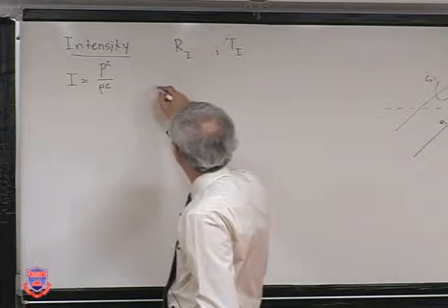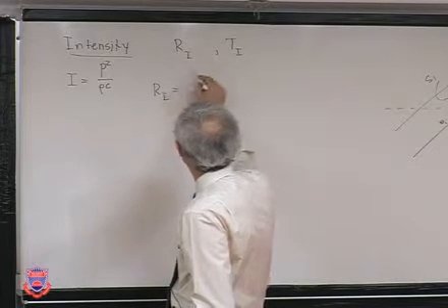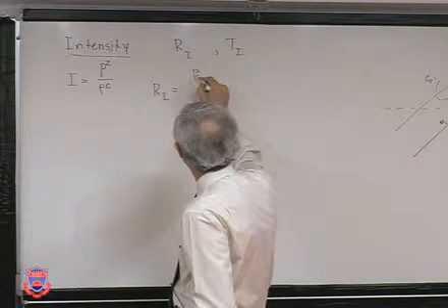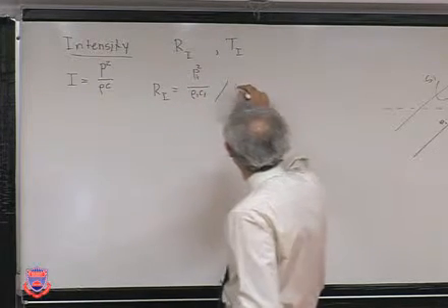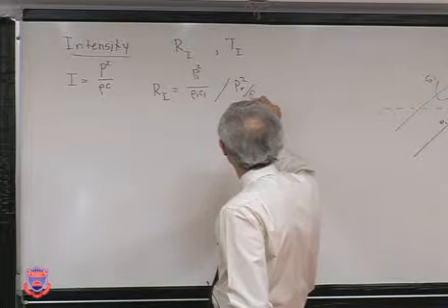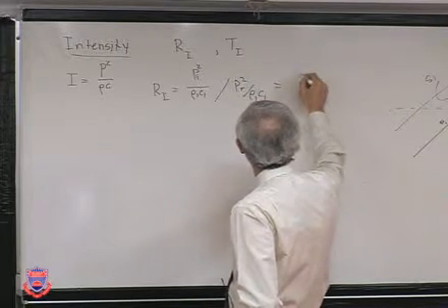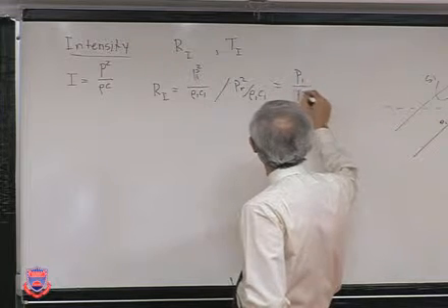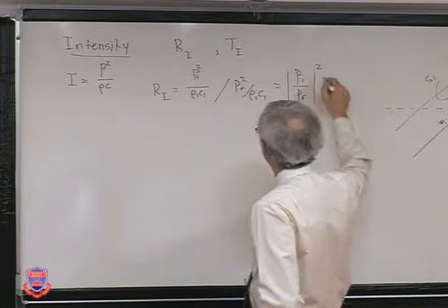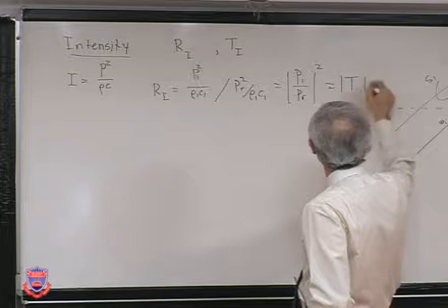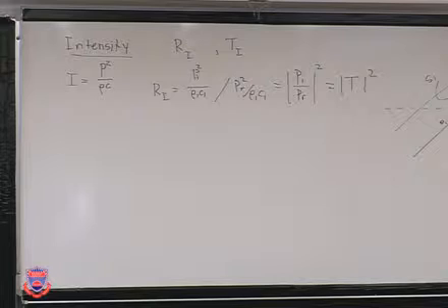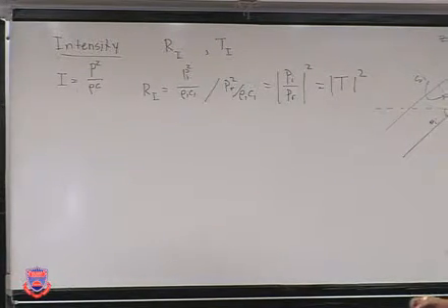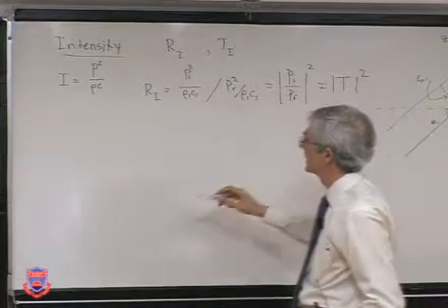So when you define the intensity reflection, of course, you have intensity squared over rho 1 c1 divided by incident rho 1 c1, and that really pretty much gives you the same coefficient as the pressure reflection coefficient.